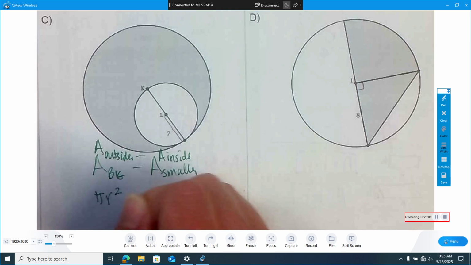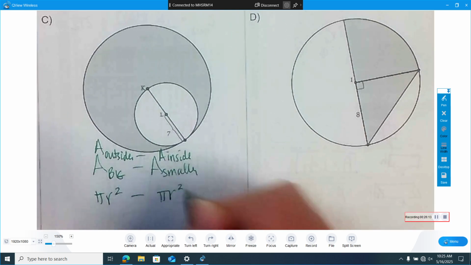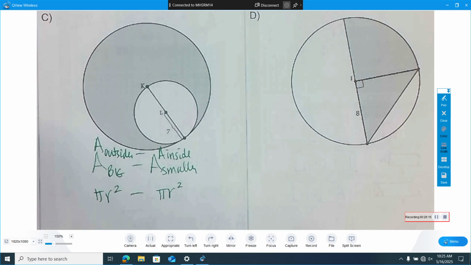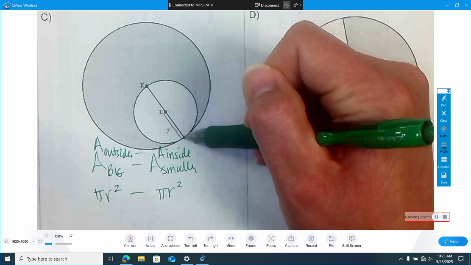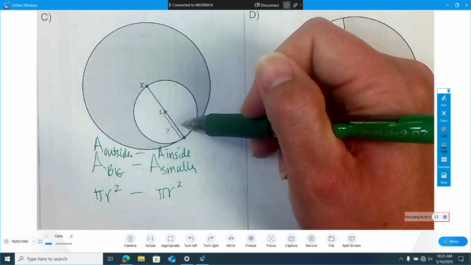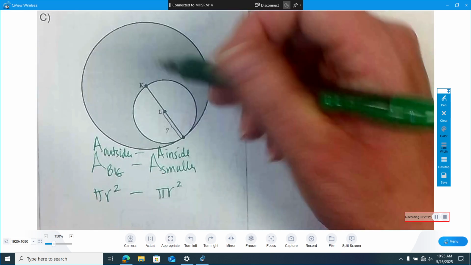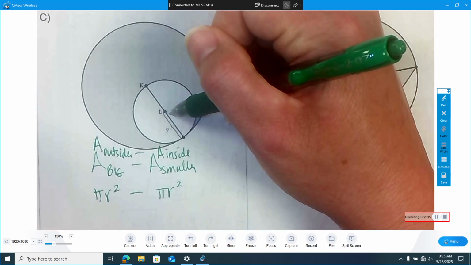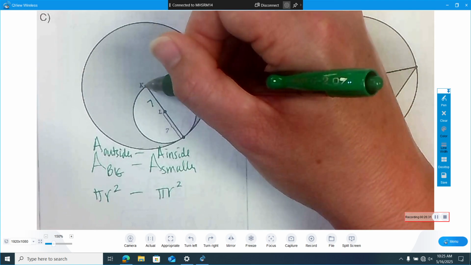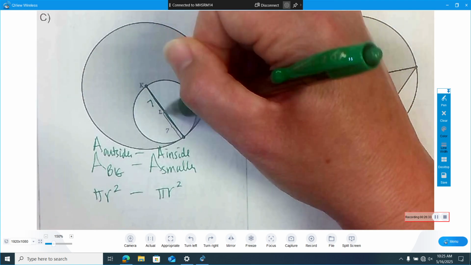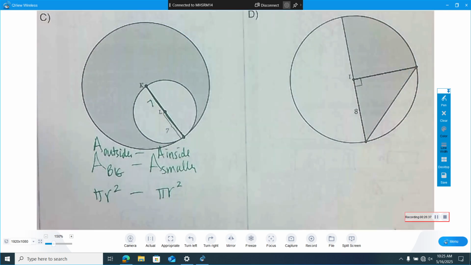Pi r squared. And then the area smaller is going to be another pi r squared, but it's a different size thing. Let's see. I need to know, in this picture, they're giving me this tiny little radius here. Yeah, if you double it, you get the radius of the big thing. Yeah, so this is also 7. That whole thing from K outward is the radius of the big circle.